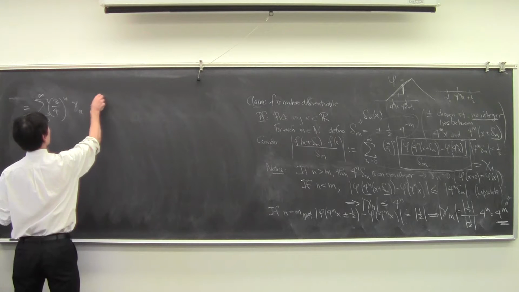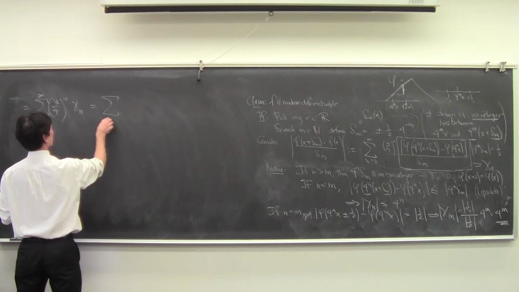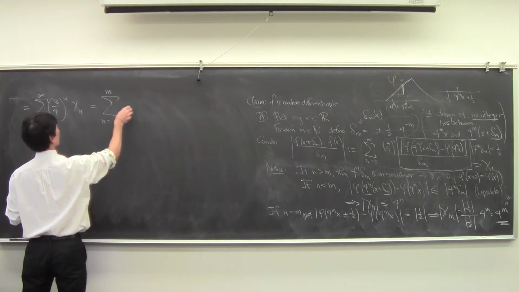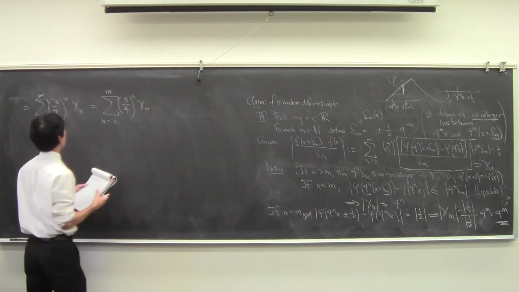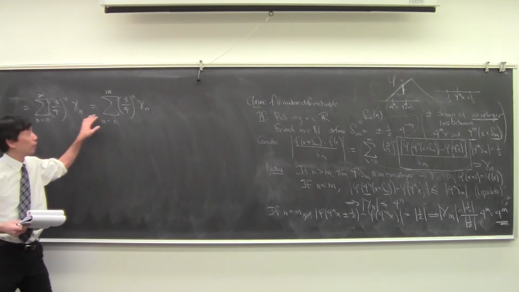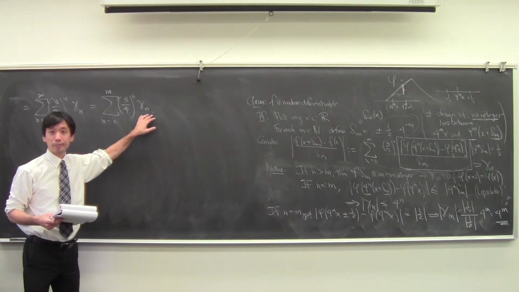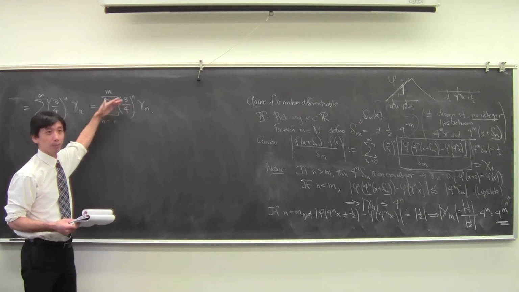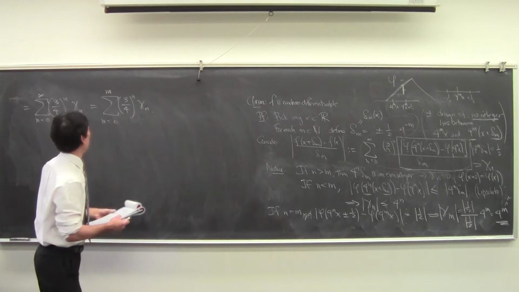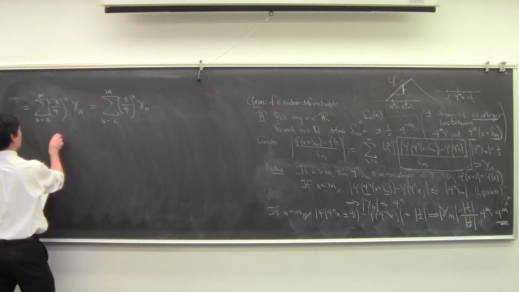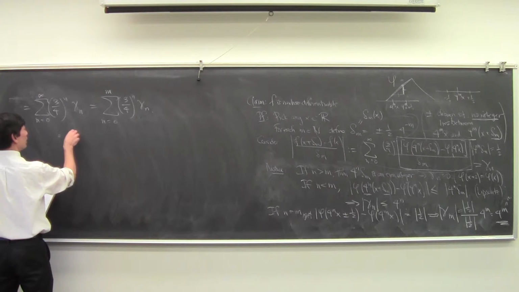We know we can truncate it at m, because past the mth term, all the gammas were 0. Okay, so we get a finite sum, and let me break it into 2 parts. The top term.